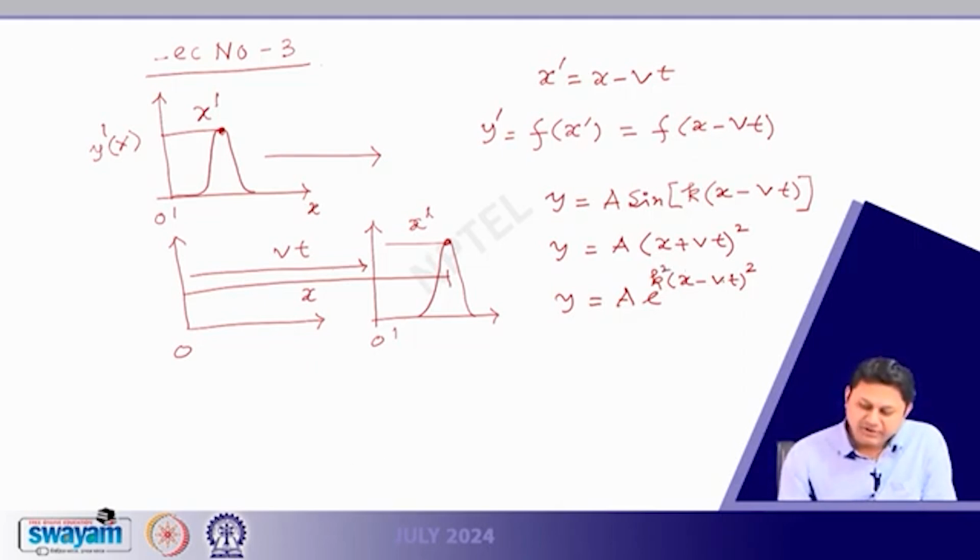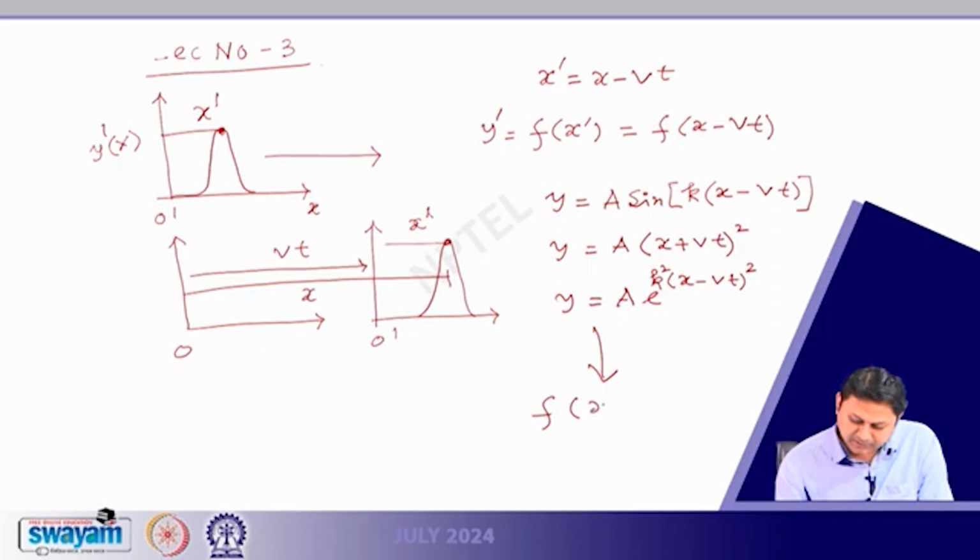So all these are functions I can write in general as a function of x plus or minus vt. So all of them will in principle represent a wave that is propagating along x direction.